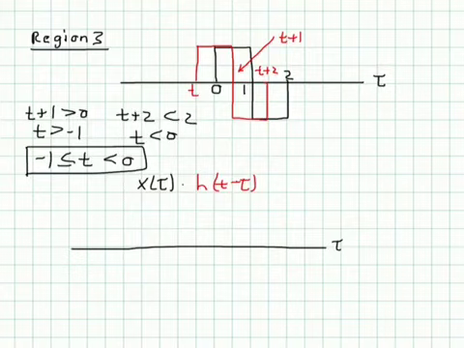So let's sketch what this is going to look like. At 0, it will be equal to 1 times 1. Oops, got to change it back to the pen. At 0, it will equal 1 times 1, and then it will go down here.